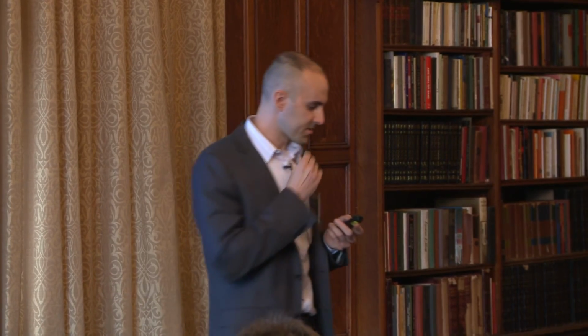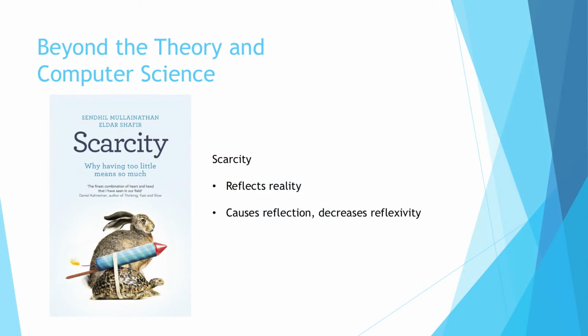And so you might say, well, why is there any hope for this working in the wild? And so here is some research. There was a nice book by Mullainathan and Shafir, and they argue for something called the scarcity mindset, which is anytime you have a scarcity of something, it can be money, it can be time, it can be resources, it can be friends, the way you approach the world in your thinking is fundamentally different than when you don't have that scarcity.